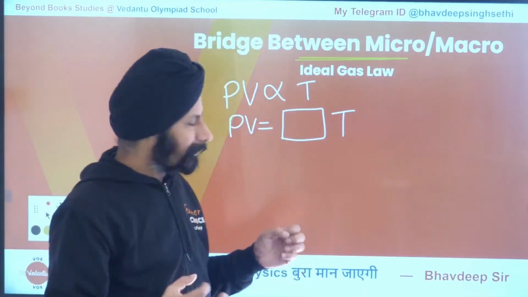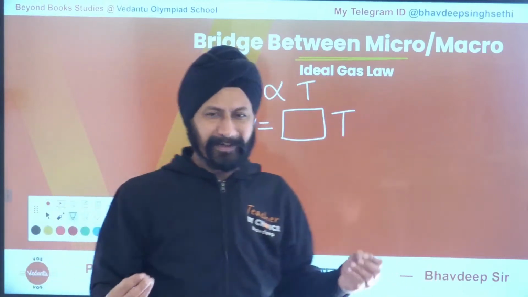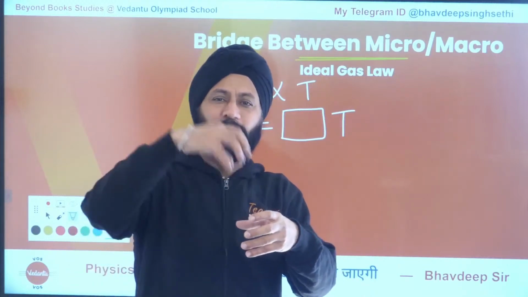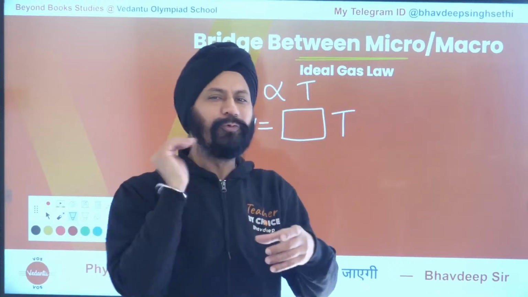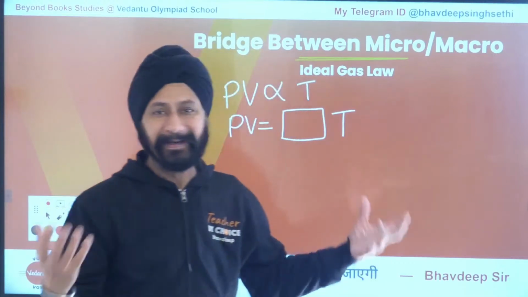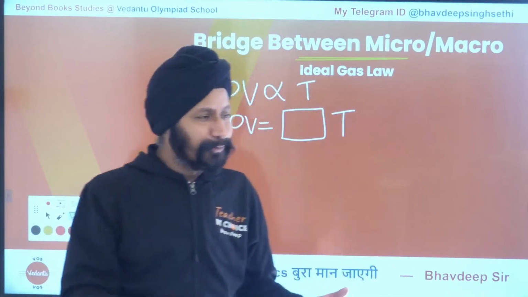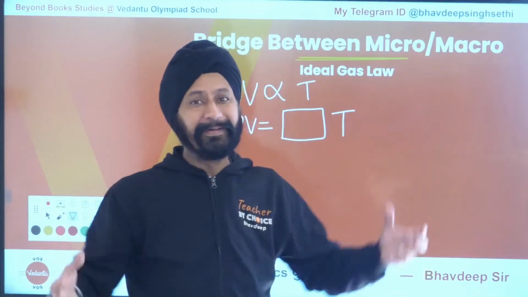Wouldn't it depend on how much gas it is? Because think about it, at 20 degrees Celsius, if I take a container and put 4 molecules versus 10 molecules, those 10 molecules are going to have more impact on the wall, making more pressure. Now I'm talking about microscopic, but we can't see microscopic things. So let's talk about grams maybe.